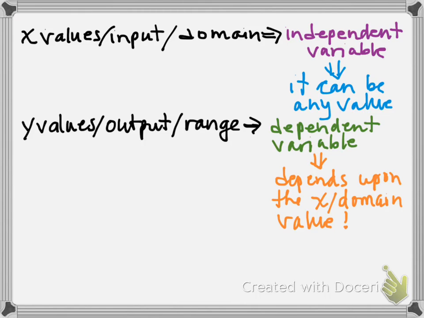So I choose the x's, that's my independent choice. But once I make that choice, I stick it into the rule and there's one answer that comes out. So that one answer depends upon what number I put in. Okay, so independent versus dependent. All right, let's see what else I want to say. That's pretty much all that you guys are going to be working on.